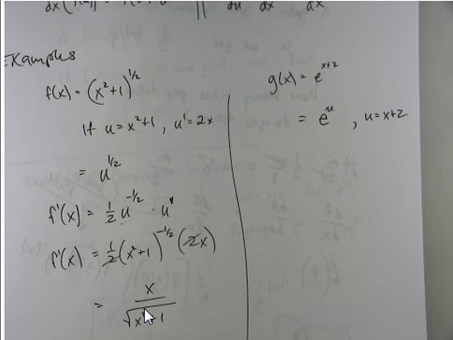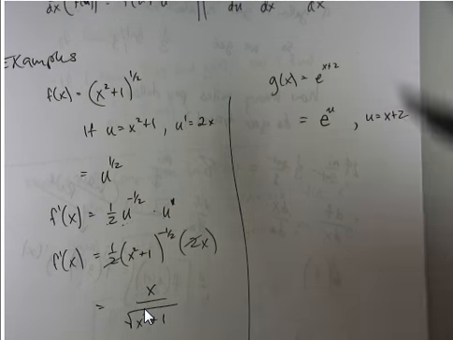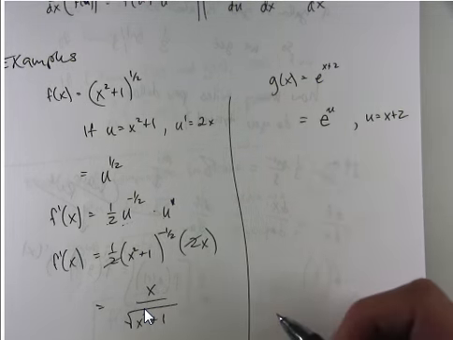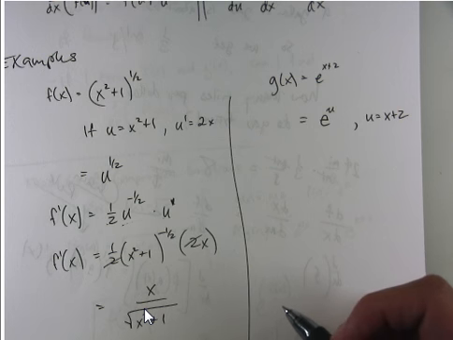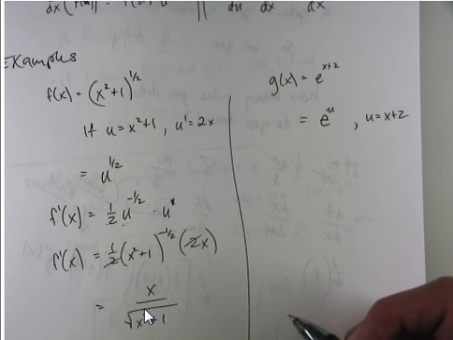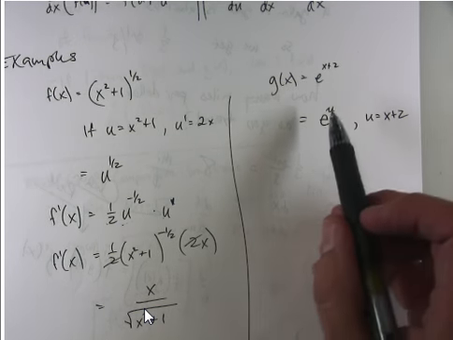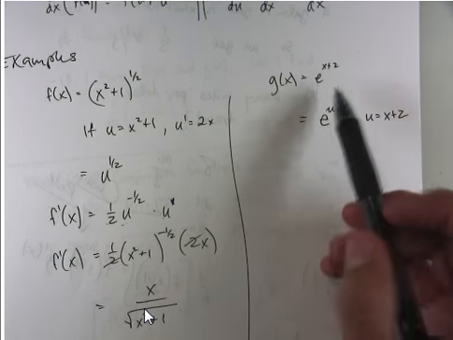This is a composite function. There's a duck inside of this turkey and a chicken inside of that duck, and I'm not happy. I'm much happier with a traditional Thanksgiving. E to the something looks a lot better than this complicated business.